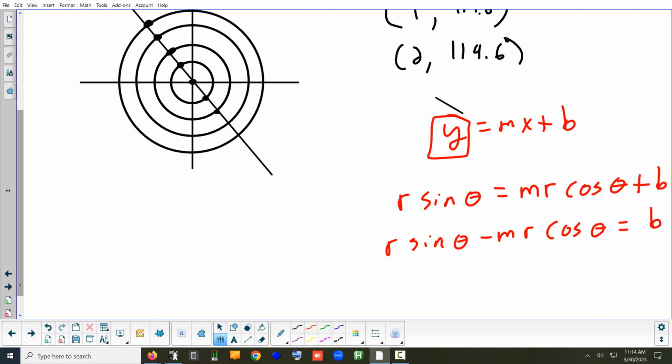Somehow we've got to get r equals on the left side. We don't want to do any inverse trig because you'd have to do it to every term, and that would get kind of messy. We're not trying to isolate theta. We're trying to isolate r. If you divide by sine, remember you have to do it to every term. Then you end up with cosine over sine, which you could change to cotangent, but that's still not going to help you isolate r.